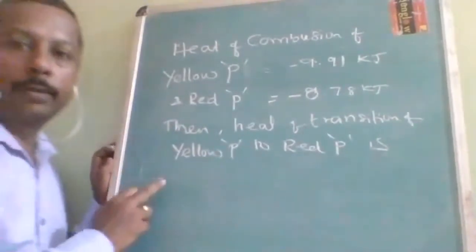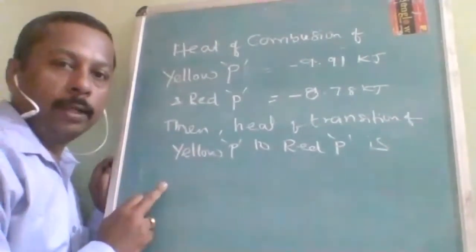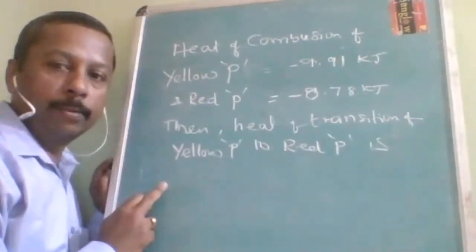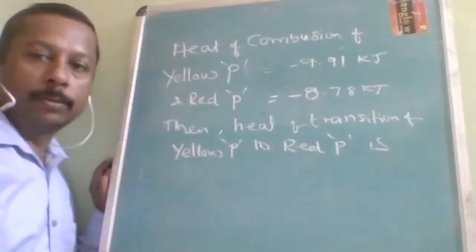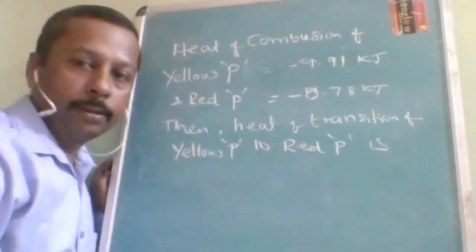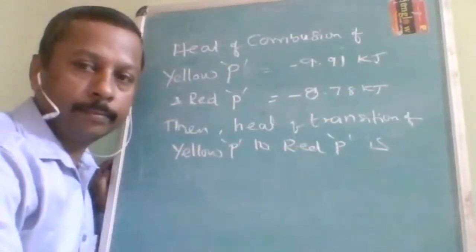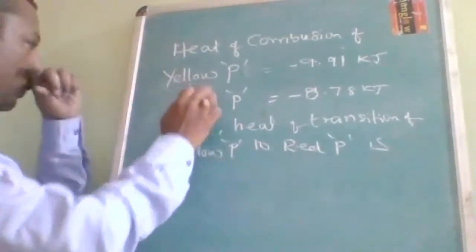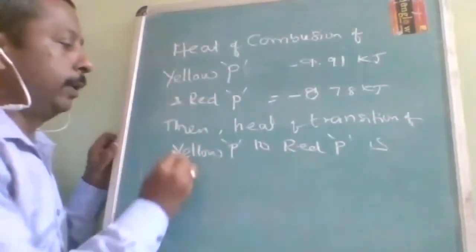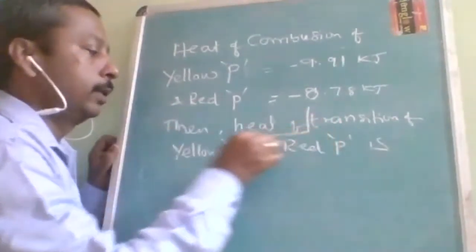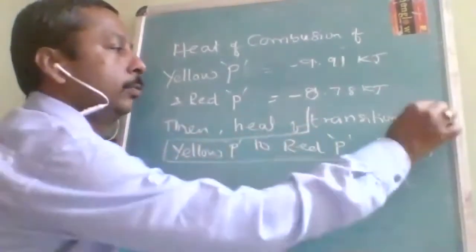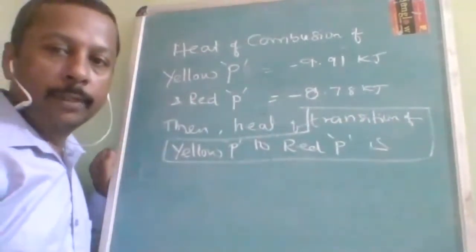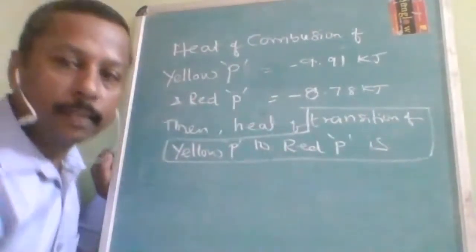Here in this question, we are given two allotropes of phosphorus. Phosphorus exists in two allotropes, red phosphorus and yellow phosphorus. We have to find the transition of yellow phosphorus to red phosphorus. The main problem is the sign, whether it is minus or plus.